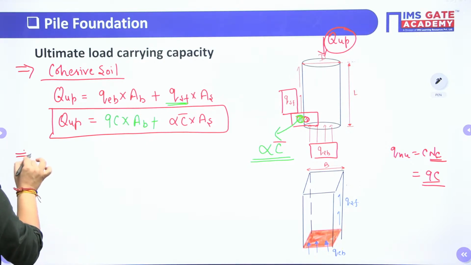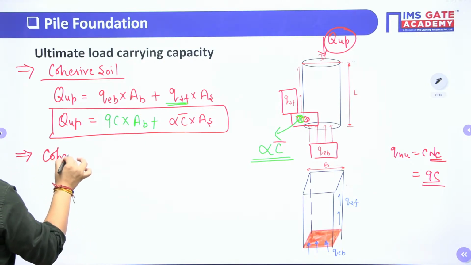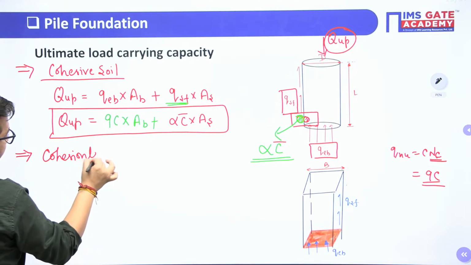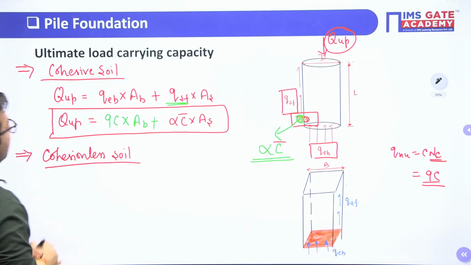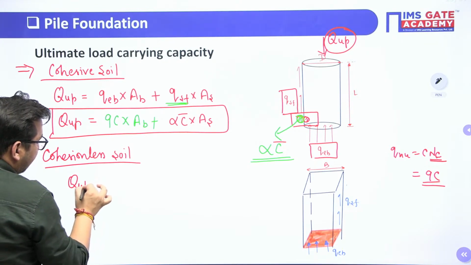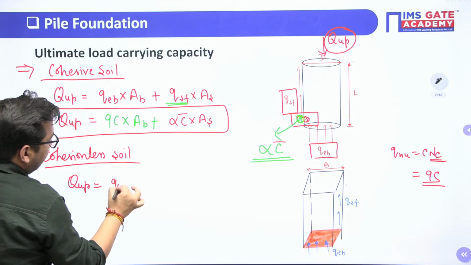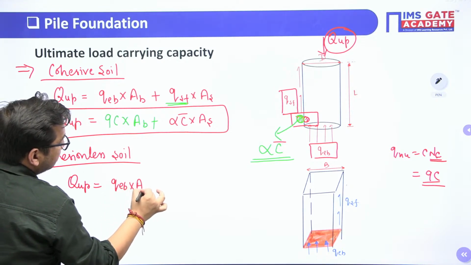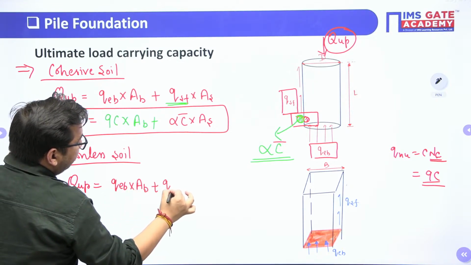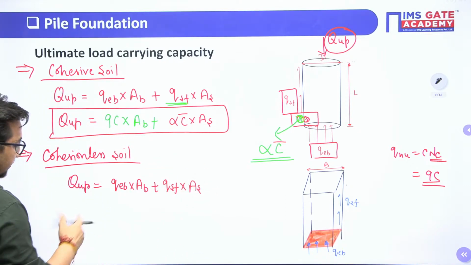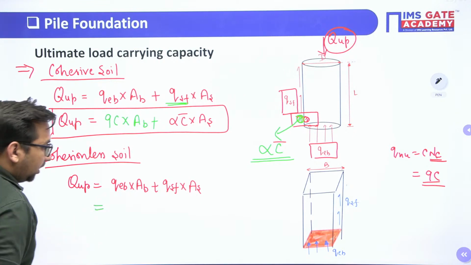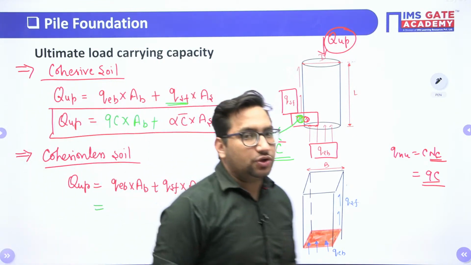Similarly, we can derive the relation for cohesionless soil. Now again QUP will be equal to what? It will be QEB into area at base plus QSF into area at sides. Yes or no? Now this QEB is calculated by Meyerhof theory.